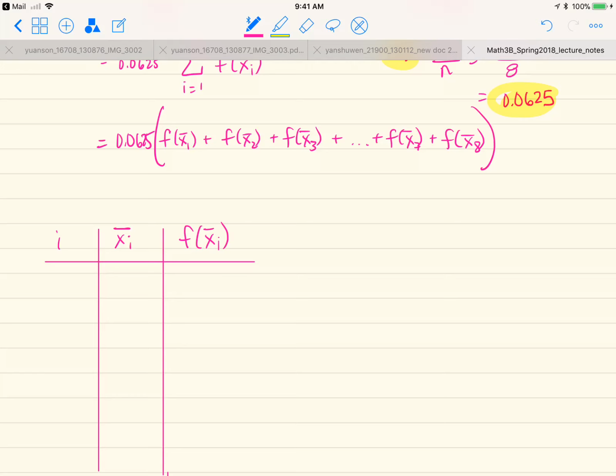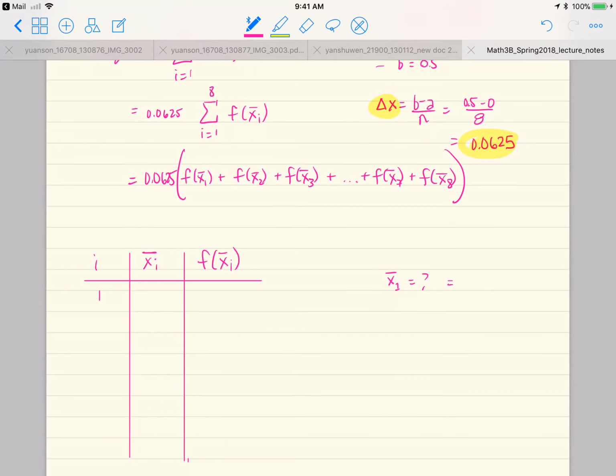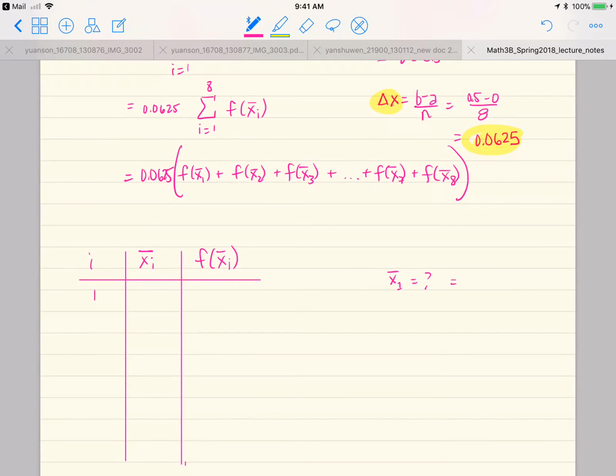All right. So when i equals 1, how do we find x1 bar? What is x1 bar equal to? Well, remember the formula that we have is that xi bar is equal to xi plus i times delta x, and xi is the ith endpoint.